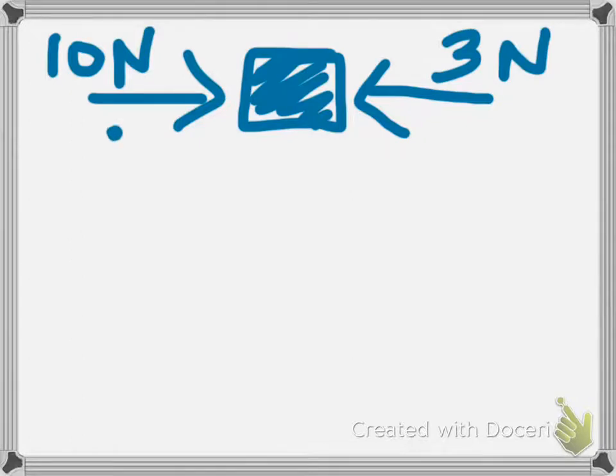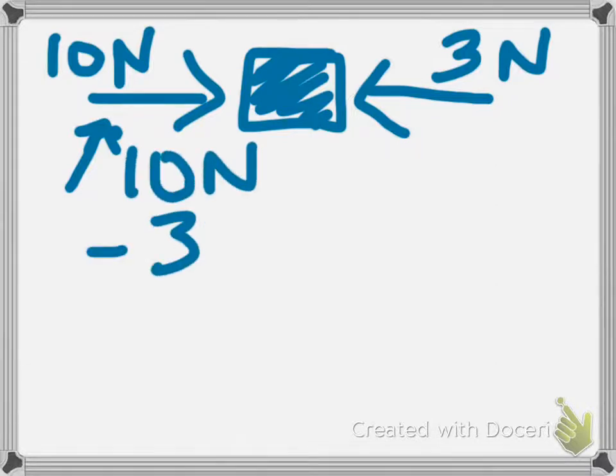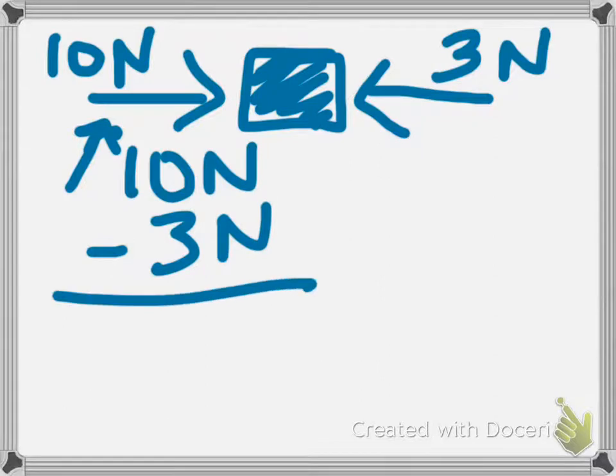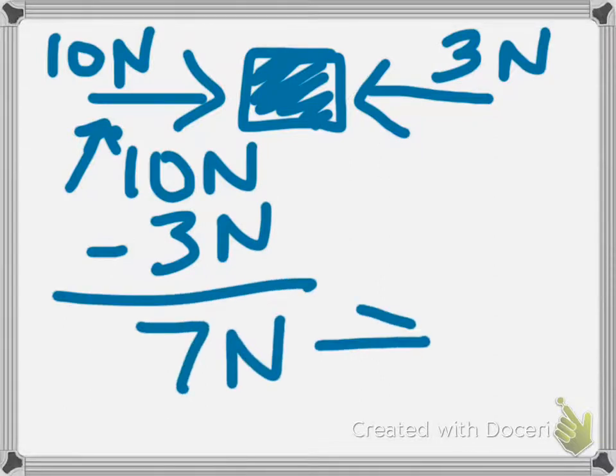And over here, that's the greater force, 10 newtons moving it to the right. To get the net force, you're going to take the greater force, 10 newtons, minus the lesser force, 3 newtons. It's going to be 7 newtons. So the net force is going to be 7 newtons moving in that direction.